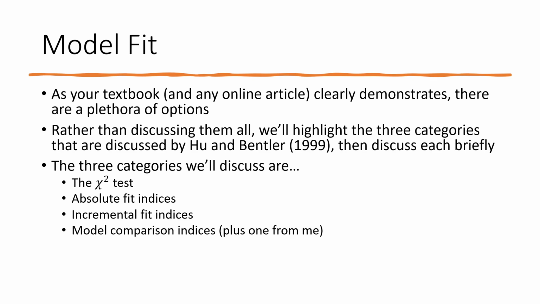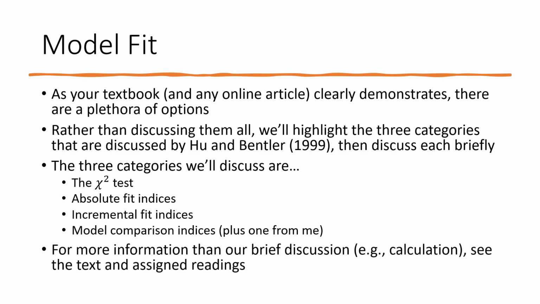And then, I know I say three categories, this model comparison indices is how I think of this, but it isn't actually presented this way in your text or in these classic articles. But for me, again, it's very common to compare different models, and so we'll have a special conversation on what indices are good for comparing models and how we can use those.